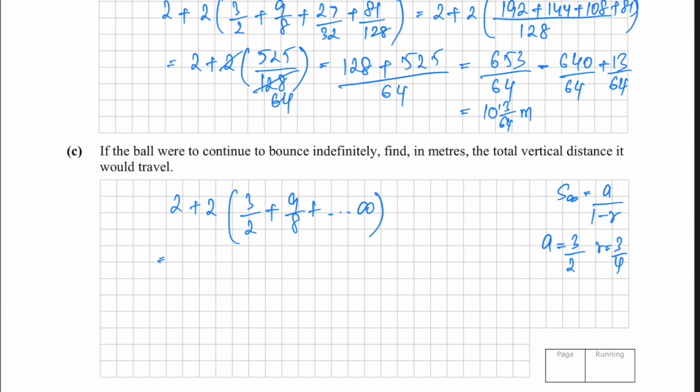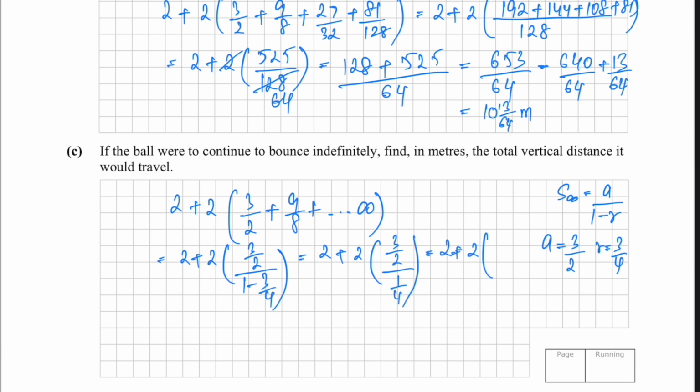Now we'll have 2 plus 2 by, using the formula, A is 3/2 divided by 1 minus R, which is 3/4. This will be 2 plus 2 by 3/2 divided by 1 minus 3/4, which is 1/4. So 2 plus 2 by 3/2, if we take the denominator fraction to the top, becomes multiplied by the reciprocal, which is 4/1.